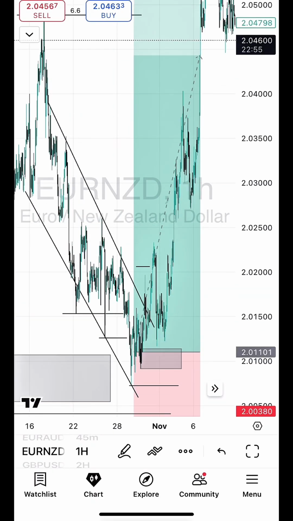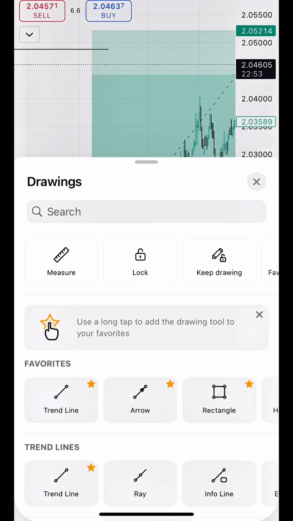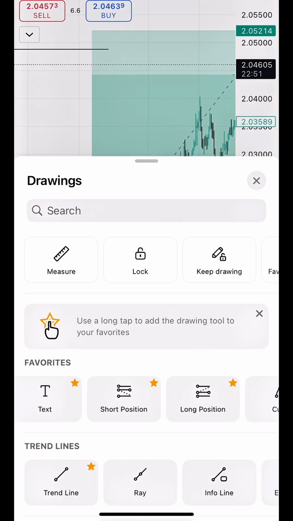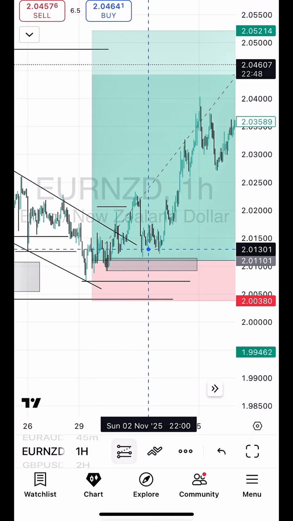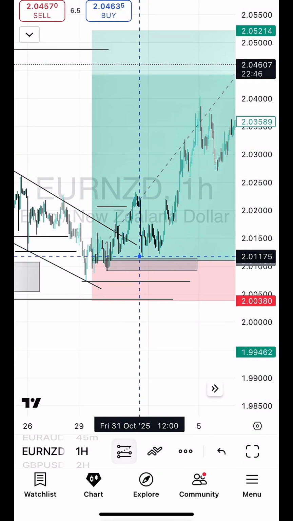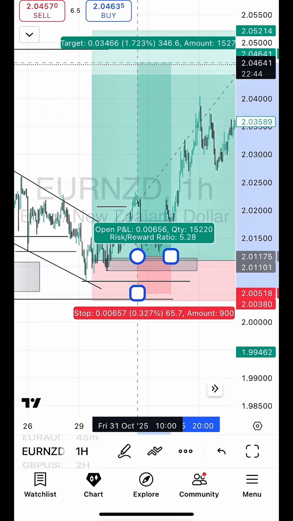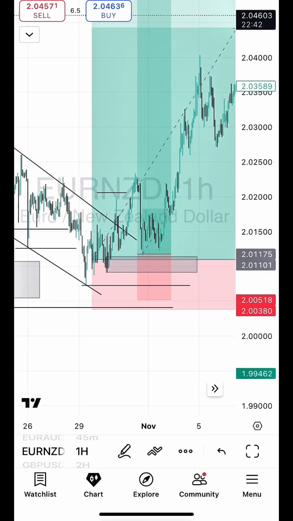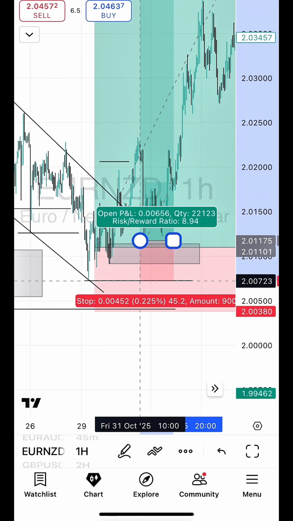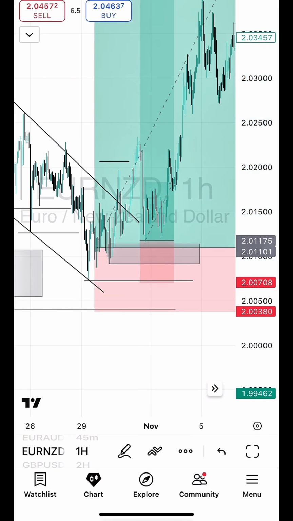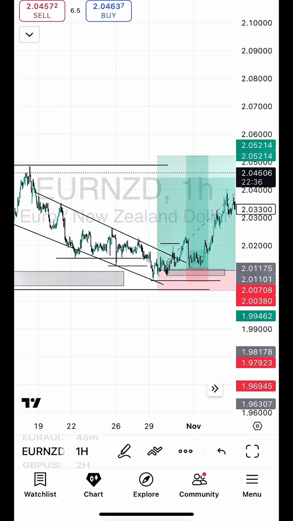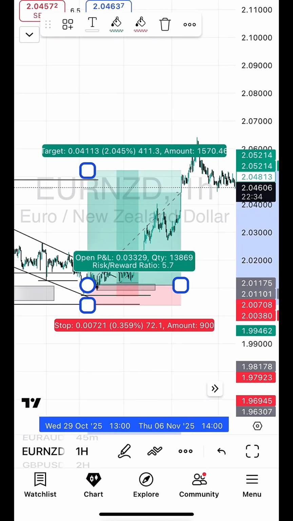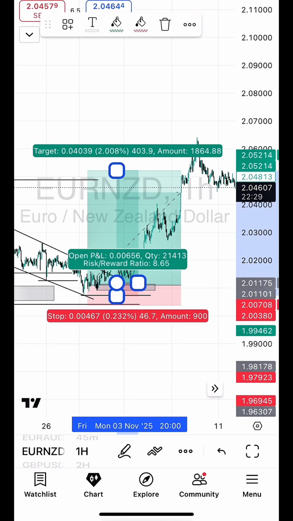So I just brought out my long position to here. Then I placed it here. Still the same target area with a new invalidation point just here. You get? So that was how I got my 14 risk to reward ratio in EURNZD.